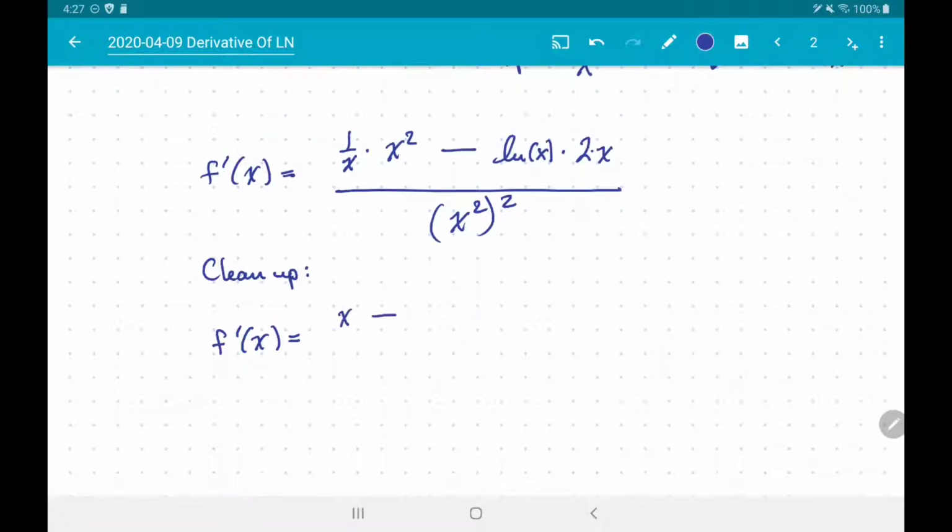Then we subtract, and well, not much we can do with the cluster of factors after the subtraction. Like I mentioned in a previous video, it's just aesthetically more pleasing to put the 2x to the left of the ln. It's just style. And then finally, we can simplify the denominator. How does x squared squared simplify? X to the fourth.